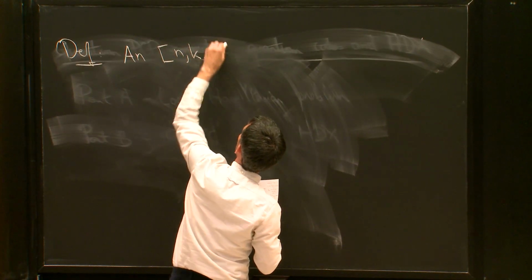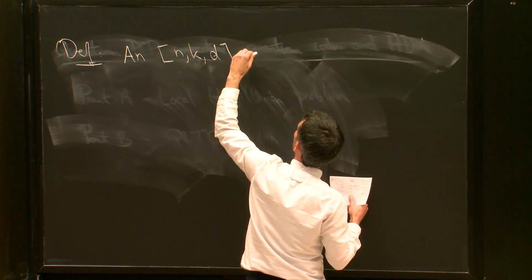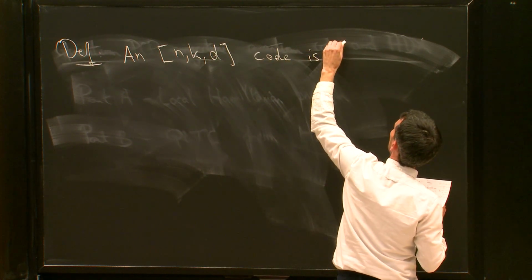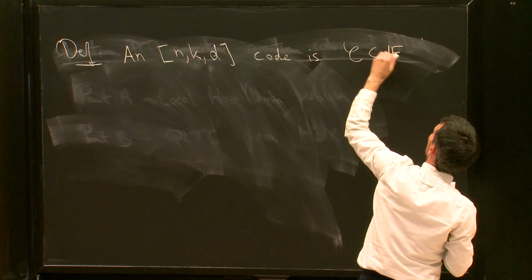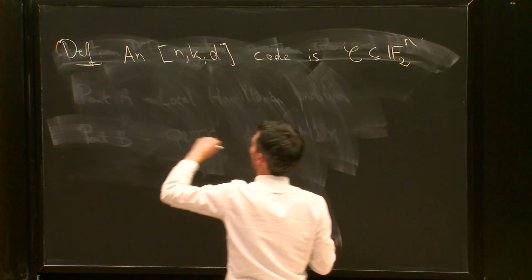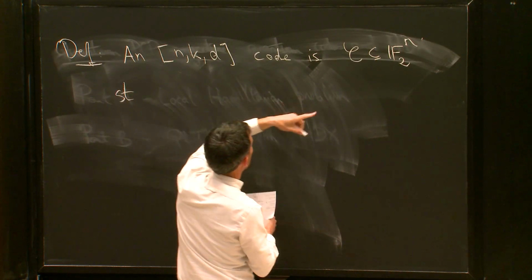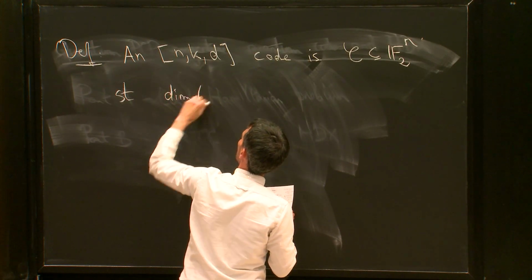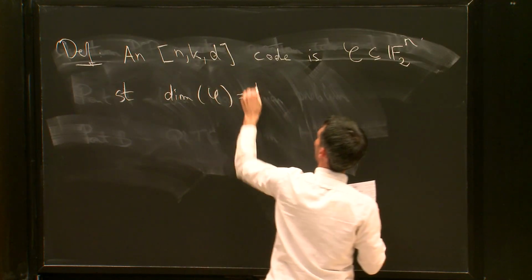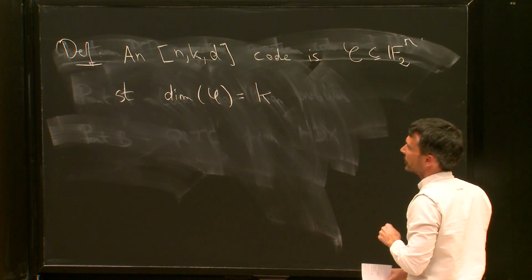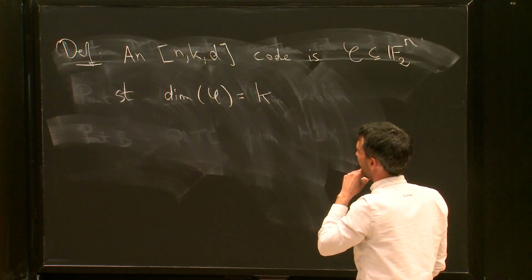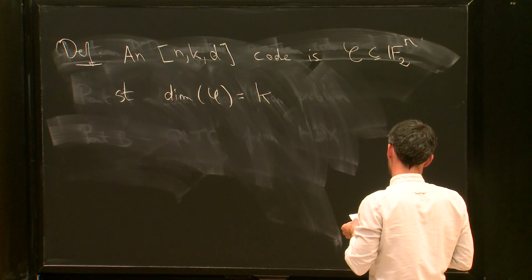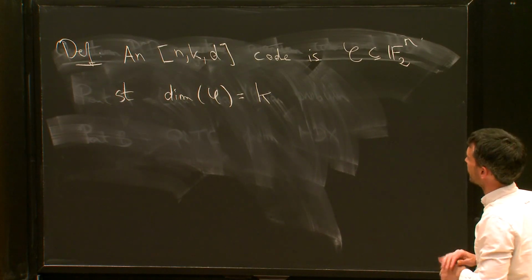An n, k, d binary linear error correcting code, classical error correcting code, is specified by a subspace, I will call it C, of F2 to the n, such that, so this is the n parameter, the dimension of the subspace is equal to k, and the d parameter is the distance of the code. I will write the definition of the distance in a second.